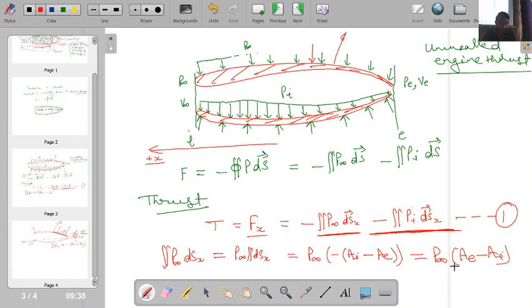Say this is my equation number 2. Later on I have to substitute this equation in equation number 1. Up to this point, is it clear?